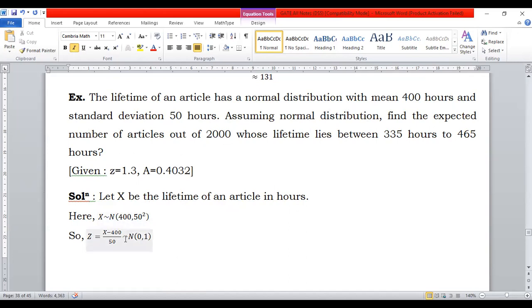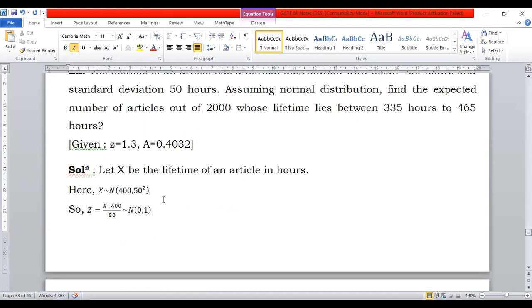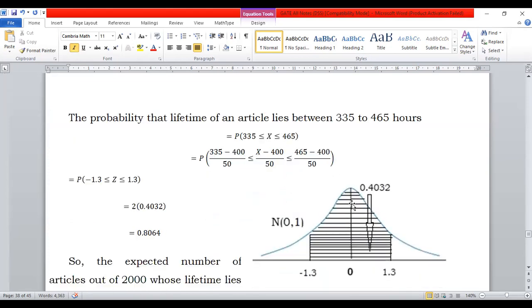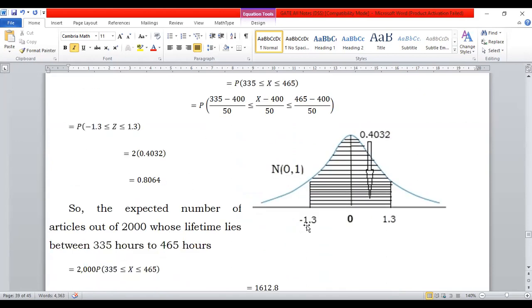So Z equal to (X minus 400) upon 50 follows standard normal. Now probability 335 to 465. So probability that 335 less than or equal to X less than or equal to 465. So this is the probability that (335 minus 400) upon 50 is less than or equal to (X minus 400) upon 50, less than or equal to (465 minus 400) upon 50. So we have to do the same operation, that is probability of minus 1.3 less than or equal to Z less than or equal to 1.5, and this is the shaded region.